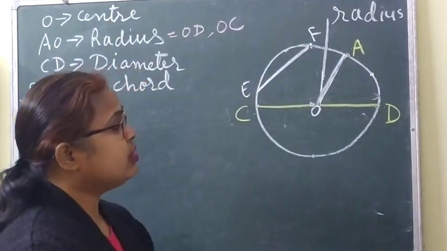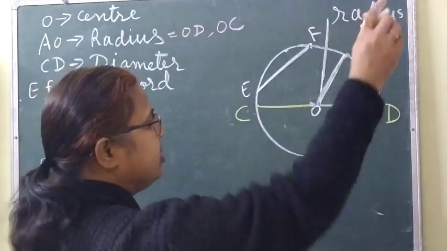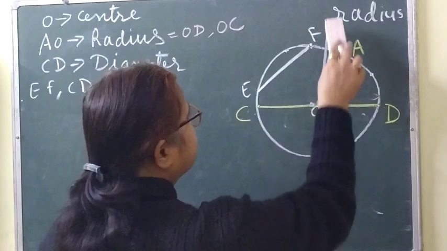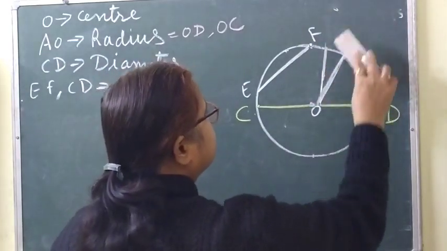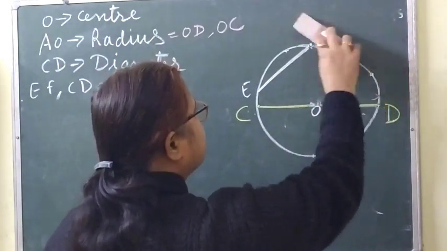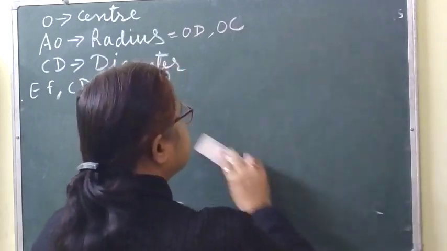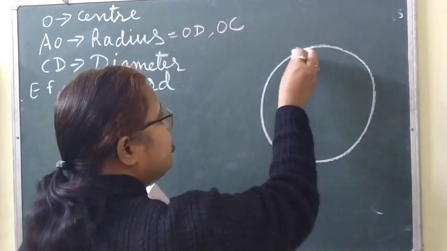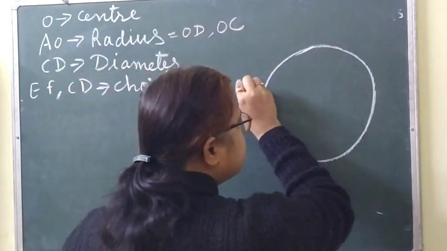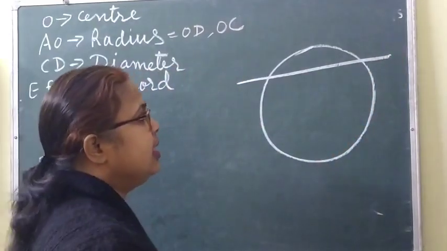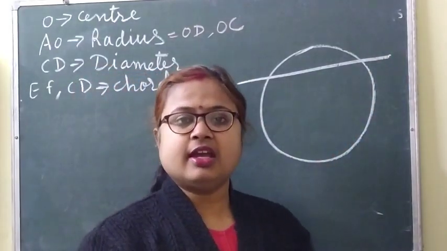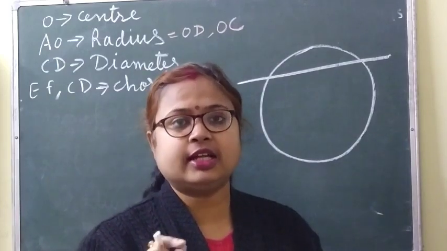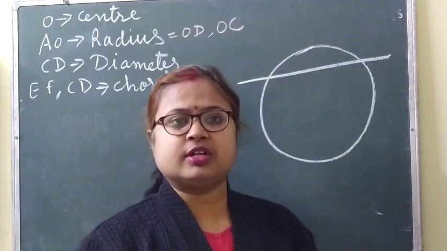Now secant. What is a secant? Any line that crosses the circle at 2 points, or we can say any line that intersects the circle at 2 points, is called a secant.